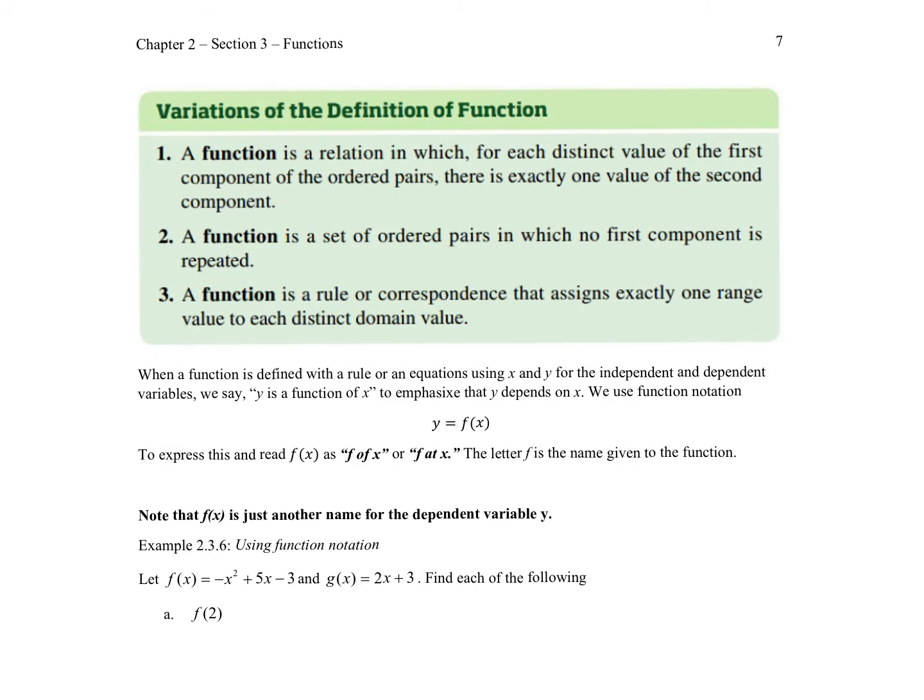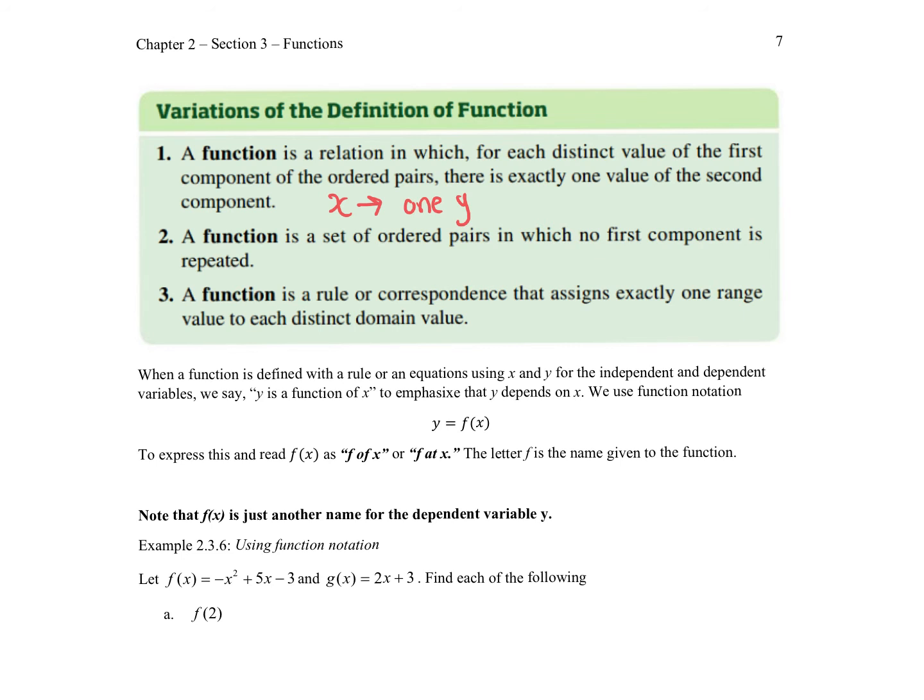Okay, so we have been talking about what is and isn't a function, and there are lots of different ways to think about it. Number 1 says a function is a relation in which for each distinct value of the first component of ordered pairs, there is exactly one value of the second component. That means every x has to go to only one y value.